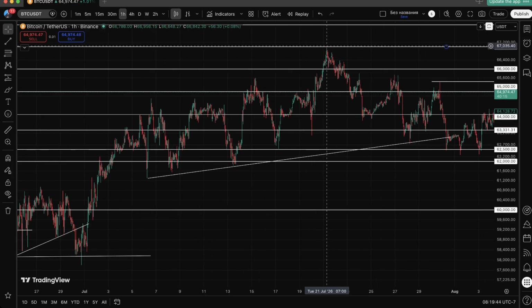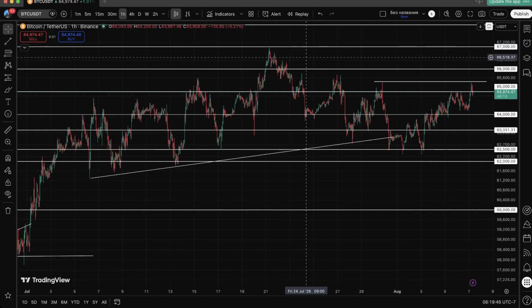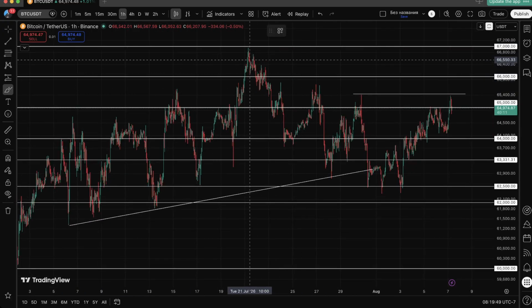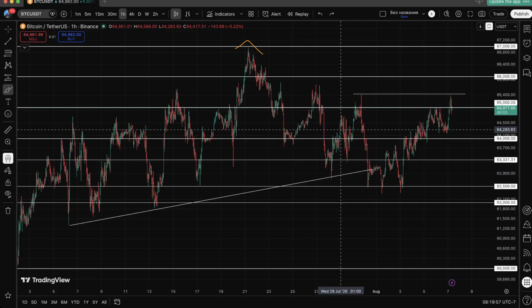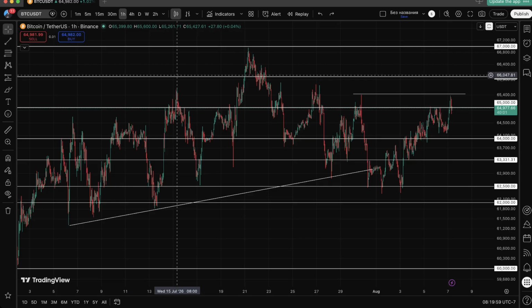And when Bitcoin hit the resistance level at $67,000, Bitcoin again started to decrease its maximums and minimums, right here and right here, which means that Bitcoin again started trading in a downward trend if we talk about swing trading. Of course, the long-term trend hasn't changed.